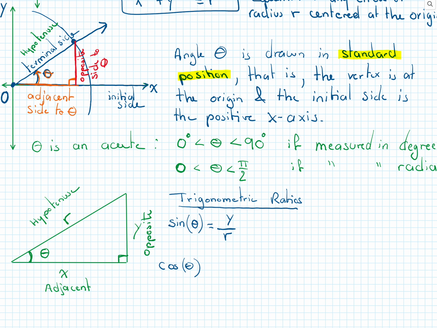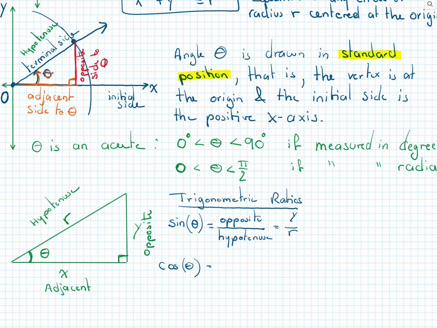We have the cosine theta. Hold on, I want to backtrack for a second here because I don't know how much you guys did in that. So let's just say sine will be opposite over hypotenuse. I'm not going to do that too often, right? It's just here for the first time. Which would really be the y over the r, which is what we had.